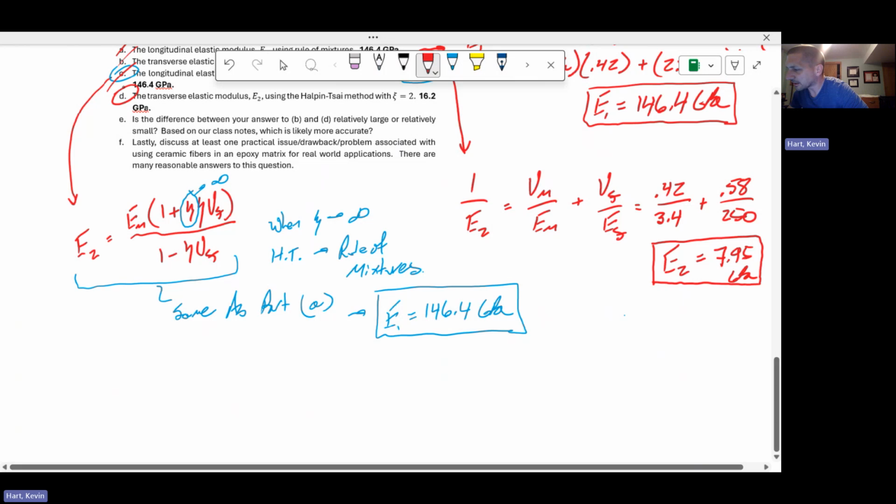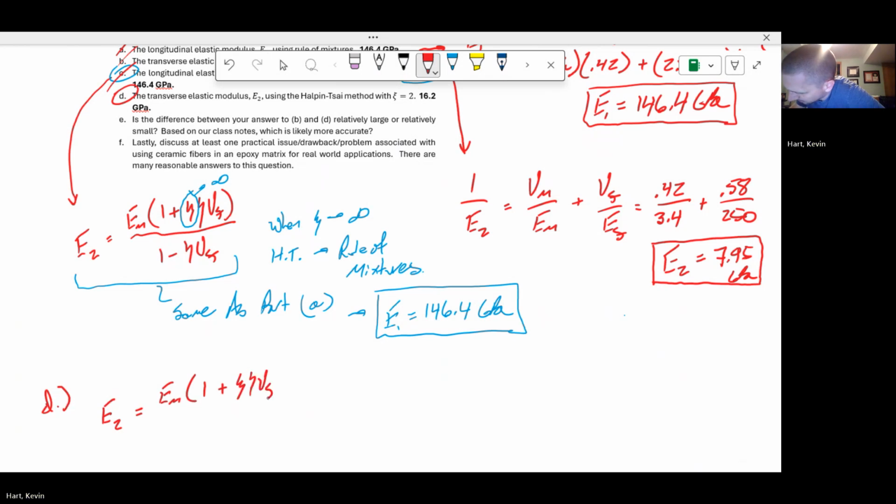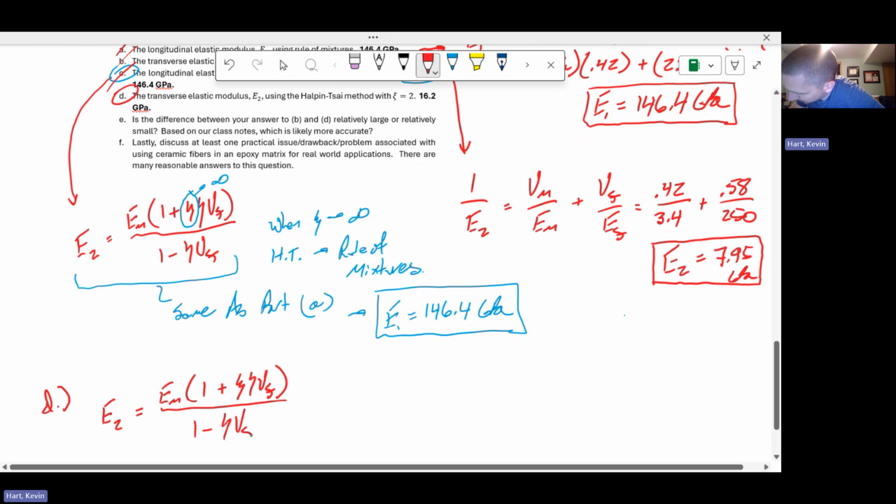The transverse elastic modulus E2. Now we want to calculate the transverse elastic modulus using Halpin-Tsai. Again, E2 is EM times (1 plus xi eta VF) over (1 minus eta VF).